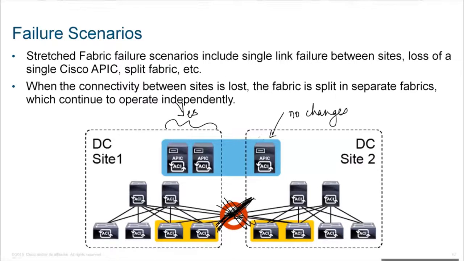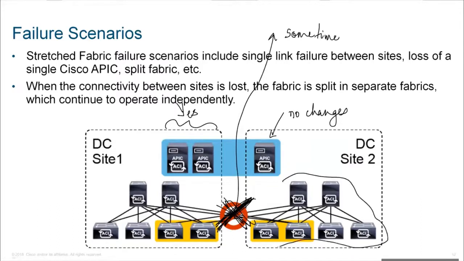Okay. Now, if you see that the entire site is down, this is going to take some time. There is a workaround, but I'll tell you the issues with the workaround. So you may not want to make any changes. This network will continue to work fine as is.